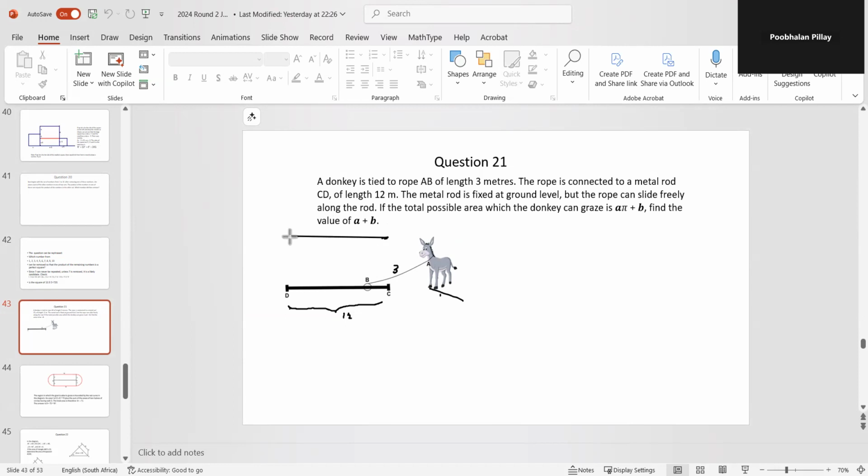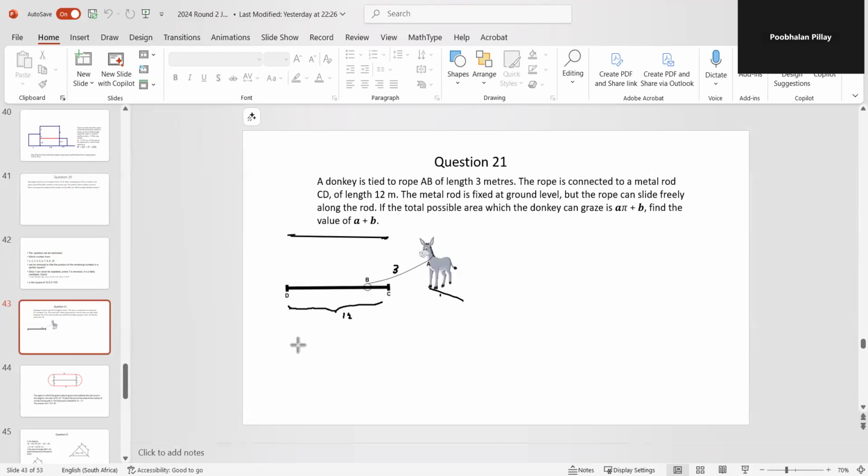But when it comes to this end here, even if the rope is taut, it's not moving anymore. It comes to the end. So now it will go in the form of a circle. And when it comes to the other side, the same thing happens as what we have there.